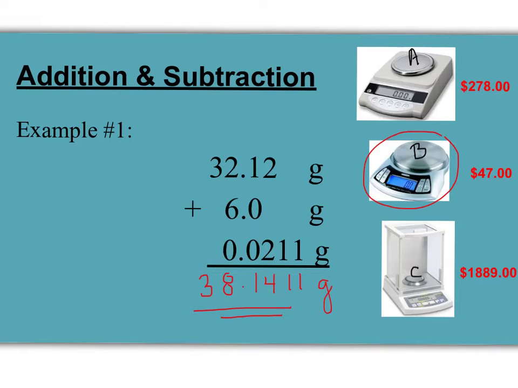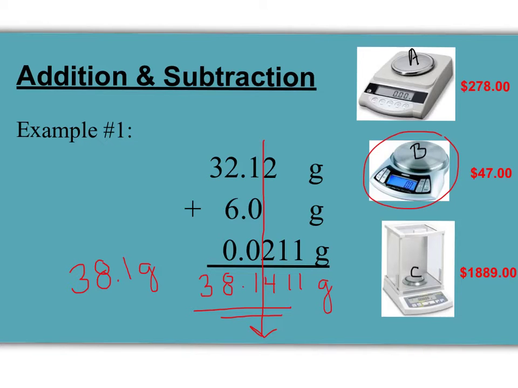So to account for that, you realize the value that has the fewest places past the decimal is the 6.0 right there. So you're going to have to round your answer to one place past the decimal. So you would actually record the sum of these three objects to be 38.1 grams.